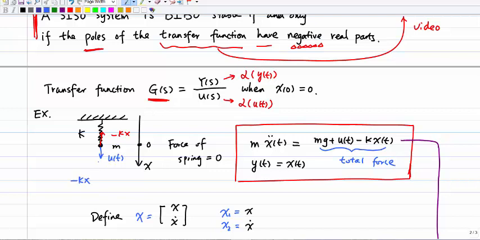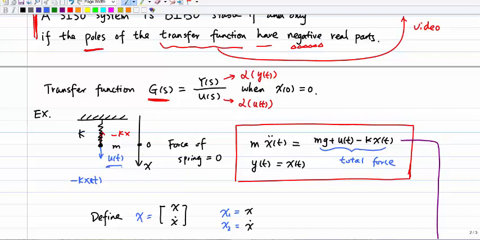If you go longer in the positive direction, you get a negative force, because the spring will pull this object up. If you push it, which means you have negative x, it will push you down. So the actual force applied to this object by the spring is given by negative k x(t).